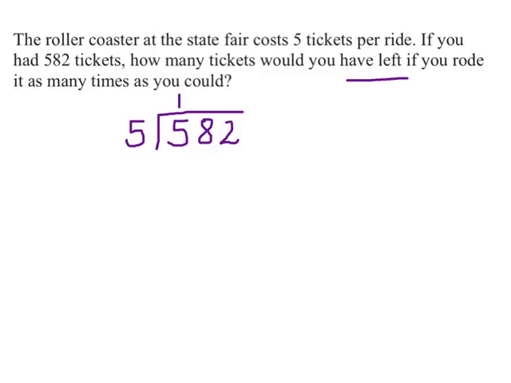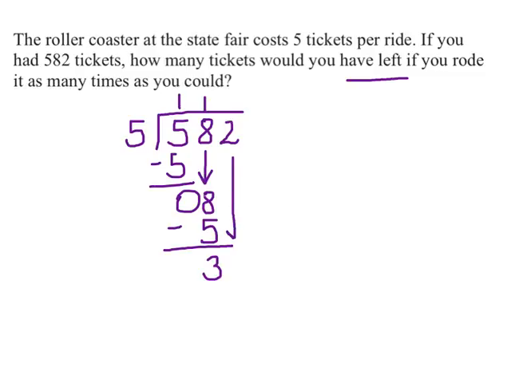So how many times does 5 go into 5? Well, that's easy. It's 1 time. And 1 times 5 is 5. 5 minus 5 is 0. And I need to bring down my 8. How many times does 5 go into 8? Once. And 1 times 5 is 5. Subtract to see how close we got. 8 minus 5 is 3. I have a 2 that I need to bring down. How many times will 5 go into 32?